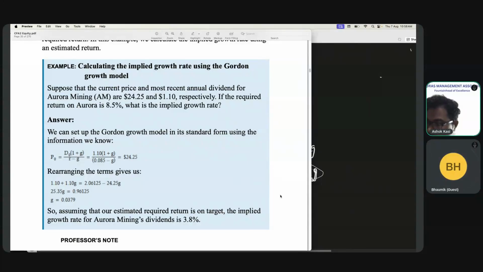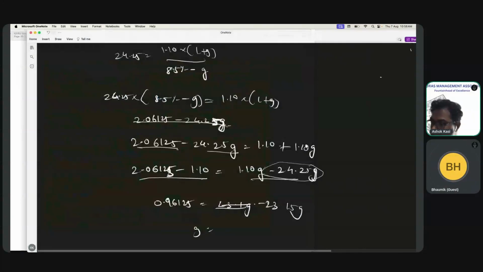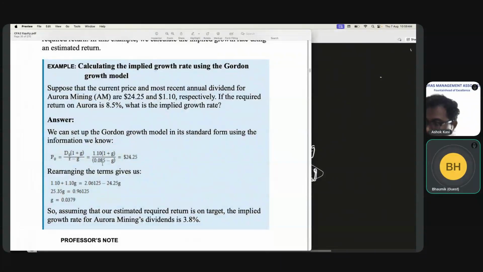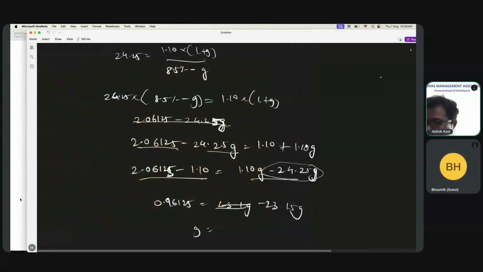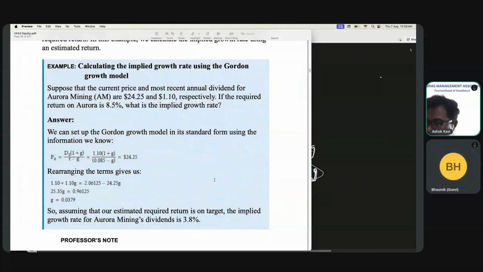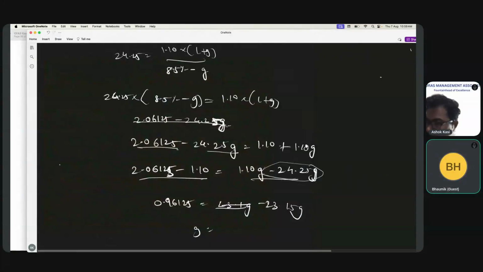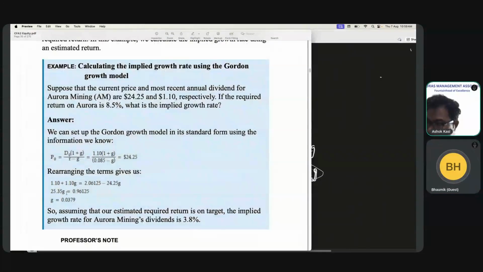Rearranging the terms, 1.10 plus 1.10 G is equal to 2 point. This step is also right only.